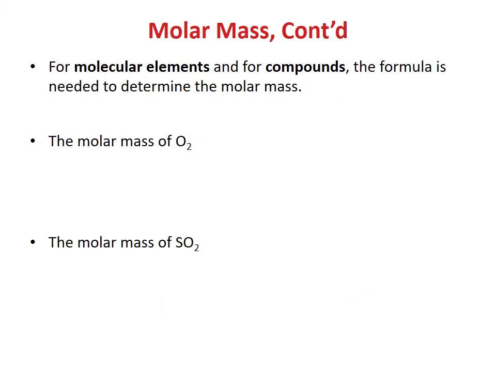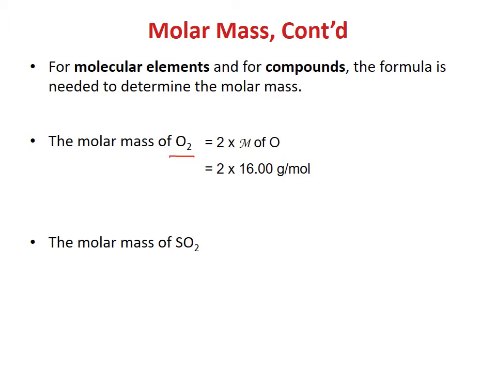For molecular elements and for compounds, the formula is needed to determine the molar mass. For oxygen molecule, because it has 2 oxygen atoms, the mass of this molecule is 2 times the mass of an oxygen atom. And from the periodic table, you can find the atomic mass for oxygen is 16 grams per mole.